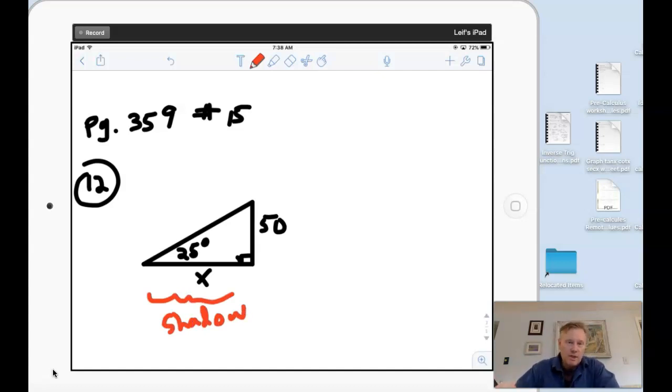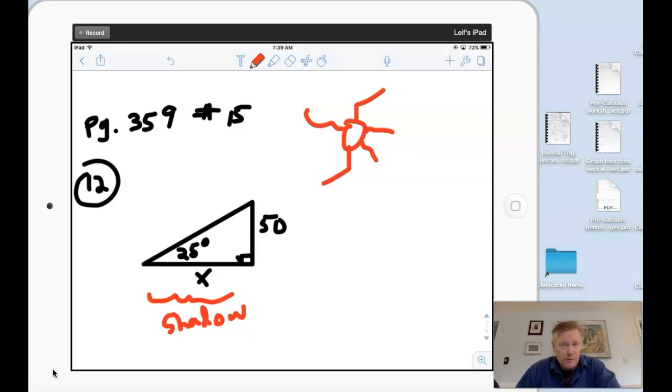They're asking how long is the shadow cast, and the sun is up here in the sky. Well, you can see why I never got an A in art. The shadow is cast by this thing. It's 50 feet high. There's an angle of elevation of 25 degrees.